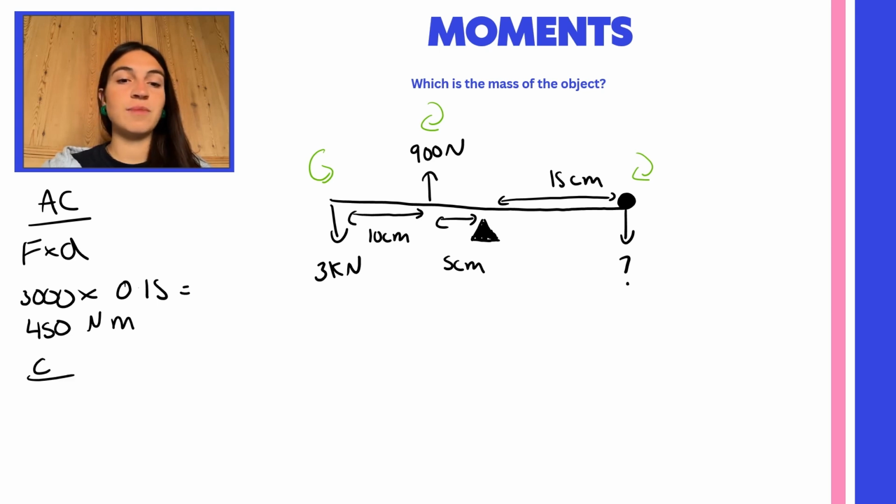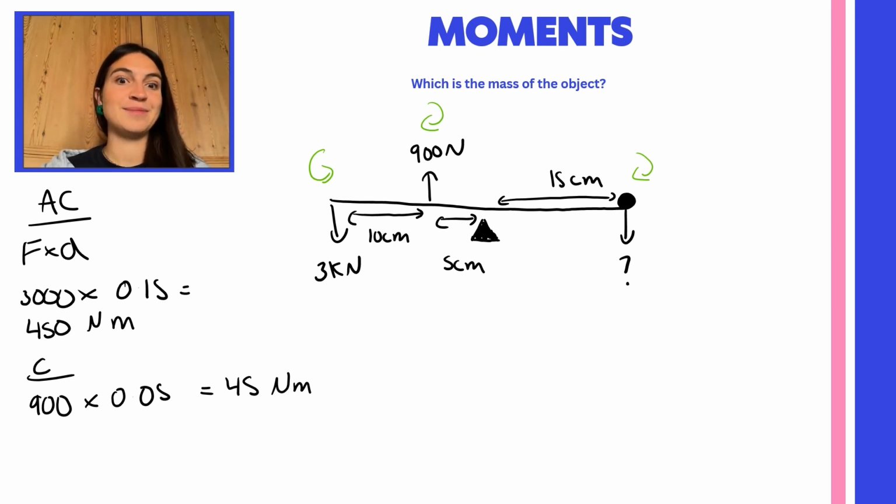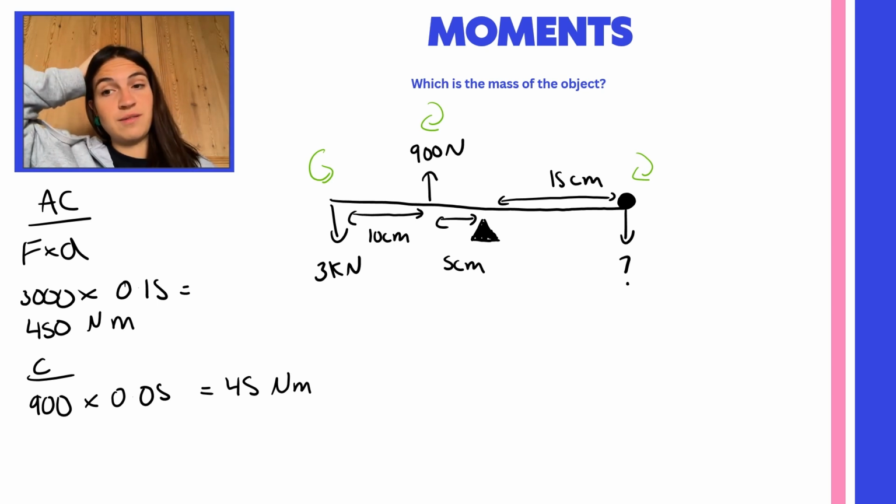So next, my clockwise moments. I have the first one, which I'm going to consider, which is the one coming from the 900 newtons. So 900 times 0.05, to get that 5 centimeters into meters, is 45 Newton meters.